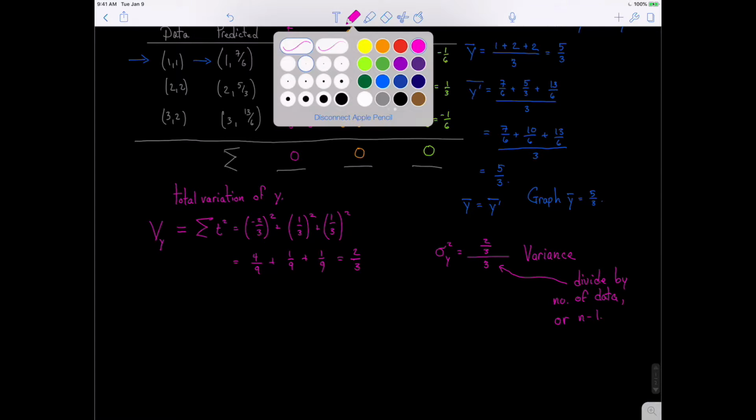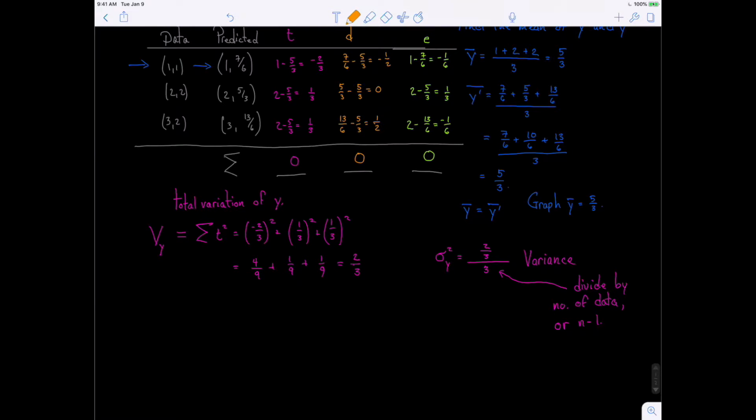Let's continue with this, and now the next one we have is D. That's our explained deviations. So we're going to find the sum of our explained deviations squared. That means I'm going to take minus 1/2 and square it, plus 0 squared, plus 1/2 squared.